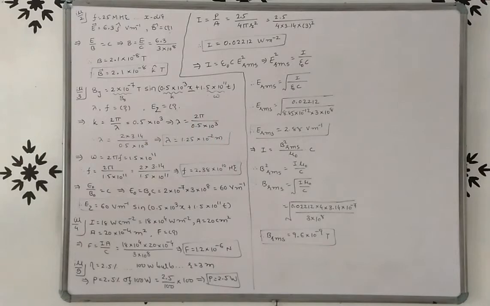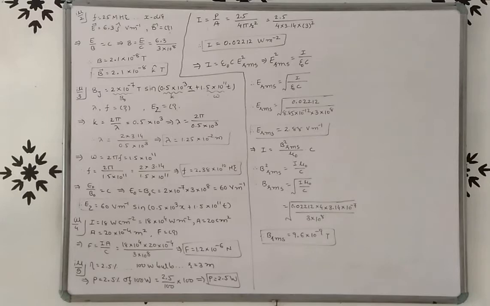Once again friends, in this example the efficiency is given, that is 2.5%. The power of the bulb is 100 watt, at a distance of 3 meter. First of all, to find the electric and magnetic field, we have to find the intensity, and to find the intensity we have to find the power.